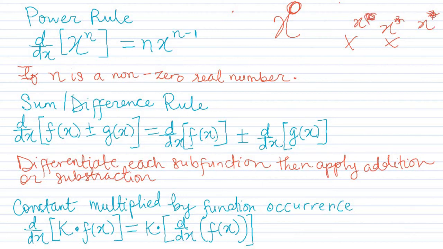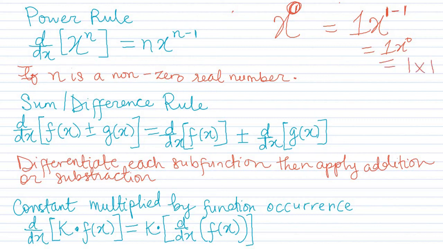What you're going to do is understand that anytime there's an invisible power, that's telling us that the power is 1. It's like us dropping 1 in front of x to make 1 the coefficient of x, and then decreasing that main power 1 by 1. So you end up with 1x to the 0. And what did we say x to the 0 is? We know that that's 1. So that's 1 times 1. That's basically how you work with that.